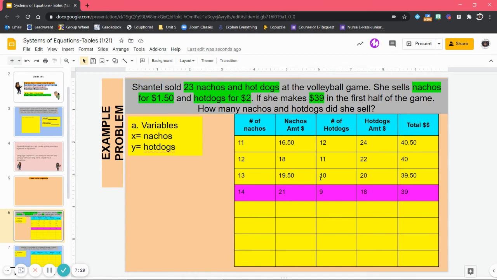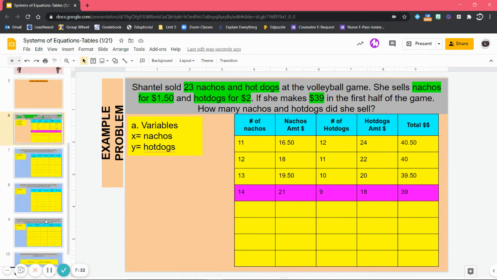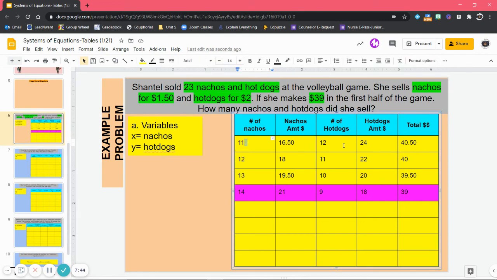So you are now going to work on the next couple of slides doing the exact same thing. Now some tips. Notice that I did start with 11 nachos and 12 hot dogs. Those numbers I got from taking 23 and dividing by 2, just splitting it in half. As I went down in hot dogs, notice that I was adding the one I took away from hot dogs onto the nachos.